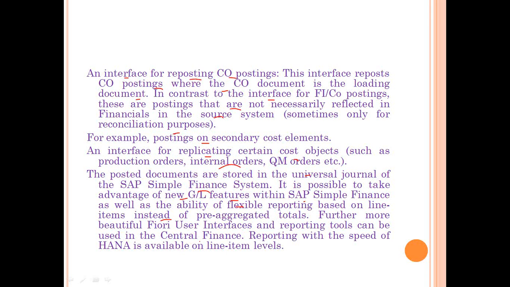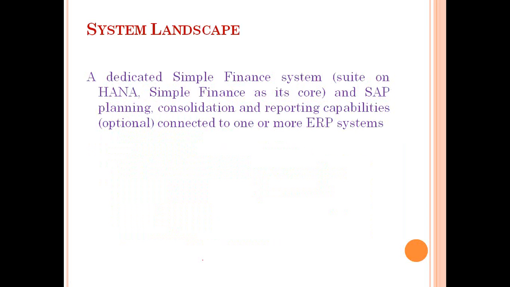Furthermore, beautiful Fiori user interfaces and reporting tools can be used in central finance. So reporting with the speed of HANA is available at line item level. This is the report relating to how the CO postings are happening.